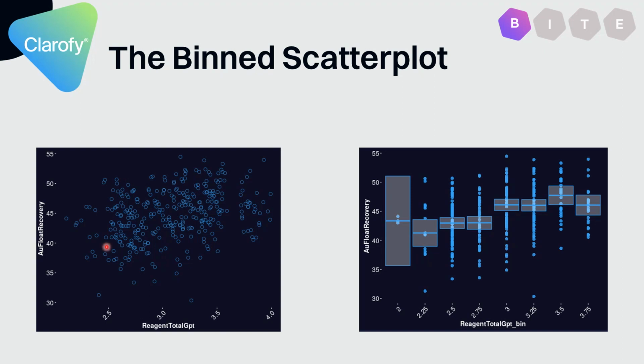So in terms of bins, in order to know what size bins to do, it's a little bit dependent again on your data and on your process. You could bin it into categories representing how much reagent addition you can put. So in your process control system, maybe your reagent pump only goes up by 5% at a time.